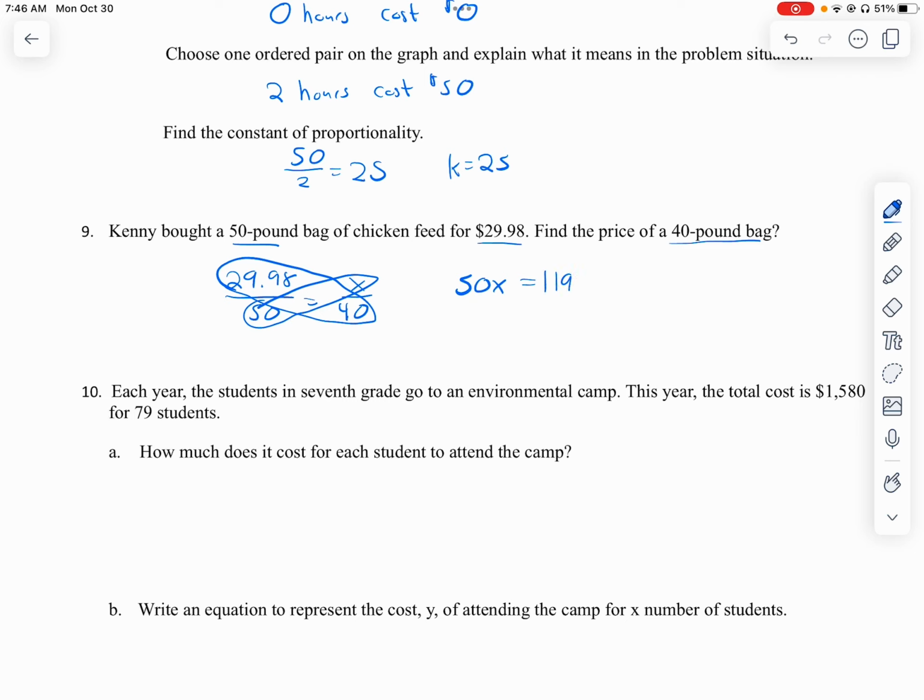It's 1,199.2. Divide both sides by 50. x equals 23.984. So we can make that money and round it to 23.98.